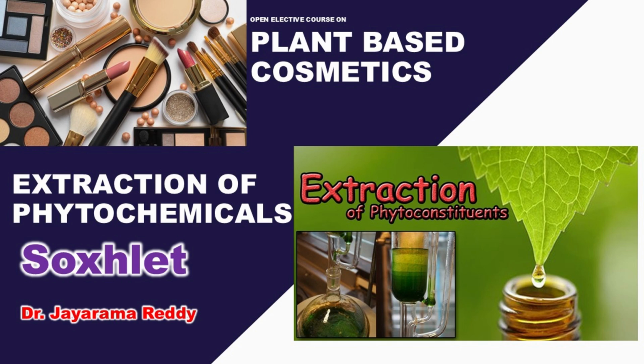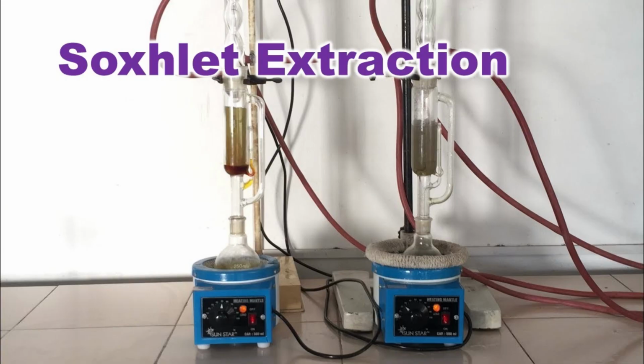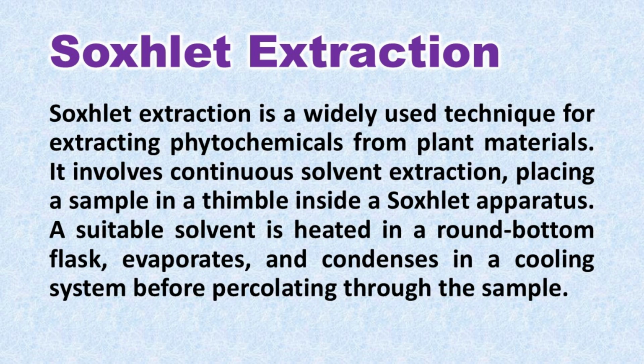The third and most important, most popular method is called Soxhlet extraction technique. It involves the use of an apparatus called Soxhlet apparatus, and you can see the Soxhlet apparatus on the screen. And here it involves a number of steps. I am explaining the steps involved in the Soxhlet extraction.